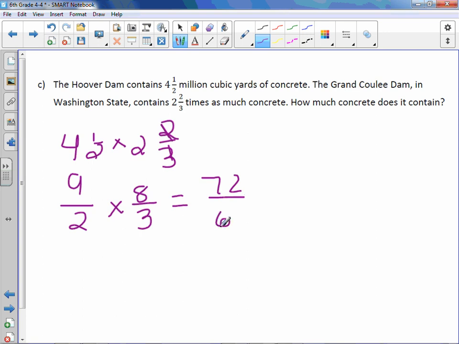And actually, 72 divided by 6 goes in evenly, which is 12. How much concrete does it contain? 12 million cubic yards.